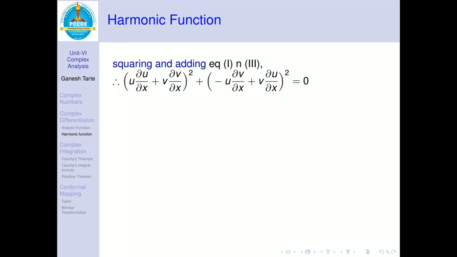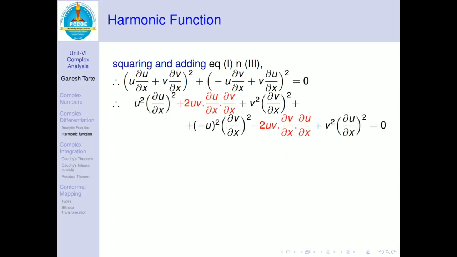Now using the regular expansion formula (a plus b) square, we expand these terms. It is first term square plus 2 times first term into second term plus second term square. So applying that formula, we get this big equation. Now focus on that red color part, where both terms are equal with opposite sign and therefore get cancelled.